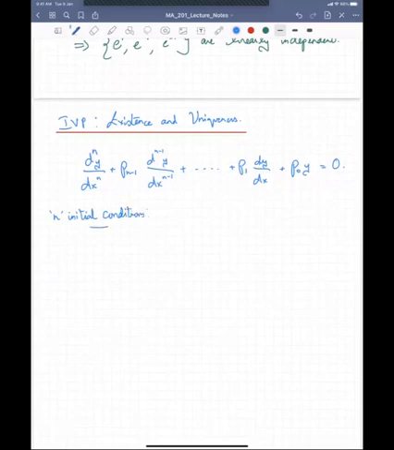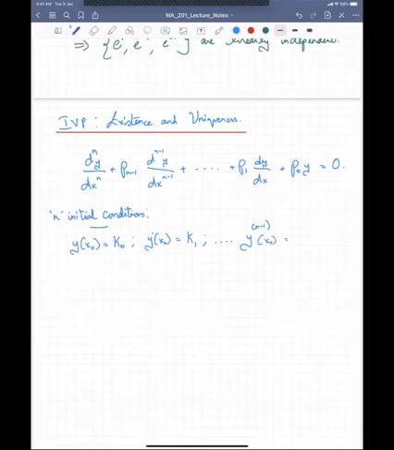These conditions can be written as y at some point x0 is k0, y prime at x0 is k1, and so on and so forth, till y^(n-1) at x0 is some k_{n-1}.